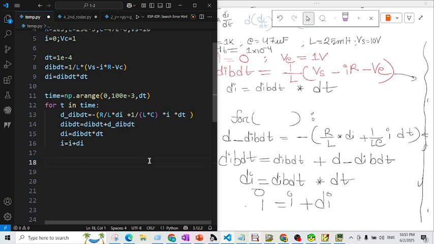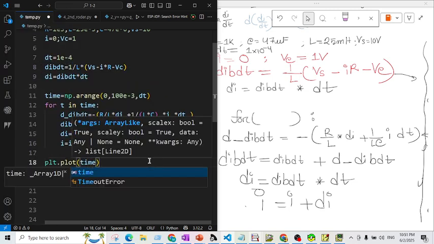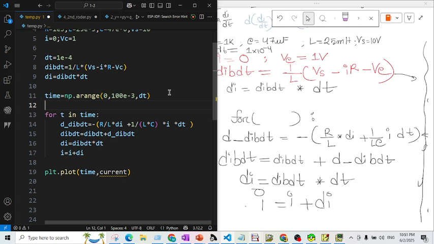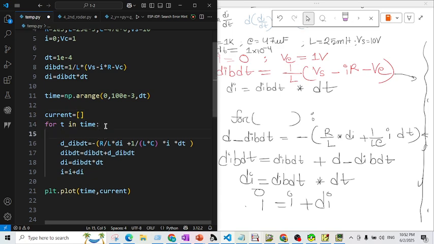Now to plot this equation, let's plot on the x-axis time, on the y-axis current. Now what is current? Let's say current is first an empty array, and we will fill up this empty array inside the for loop. So current.append(I).